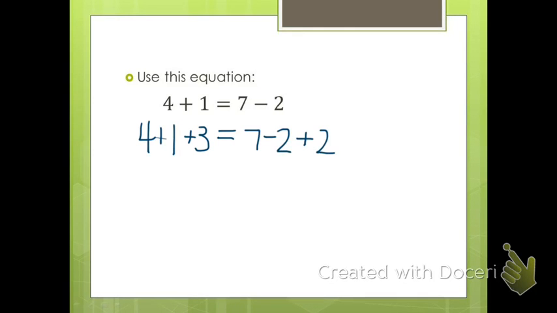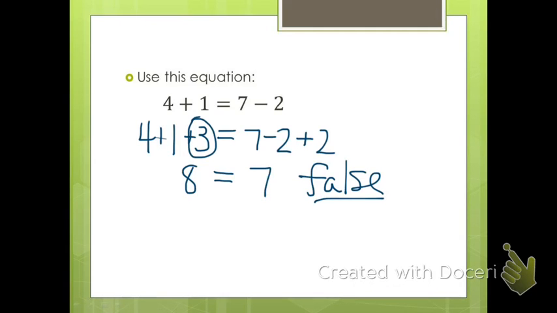Okay, if we do that, then we have 8 on this side, and we would have 7 minus 2 is 5 plus 2 is 7 on that side, and this is not a true equation. So by adding 3 to one side and adding 2 to another side, I end up with something that's now false, even though I started with something that was true.